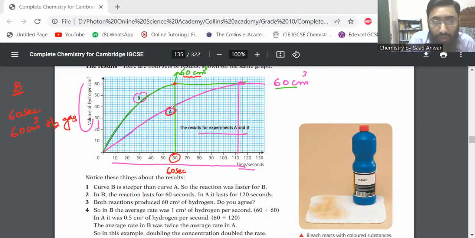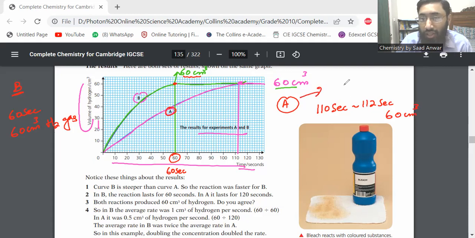But in case of experiment A, you see almost 110, even more than 110, 110 or 112 seconds is required to produce 60 cubic centimeter.